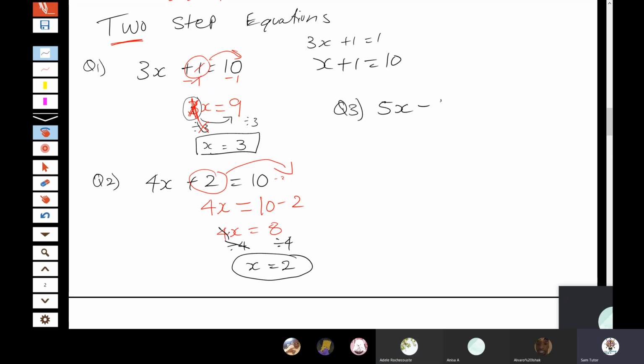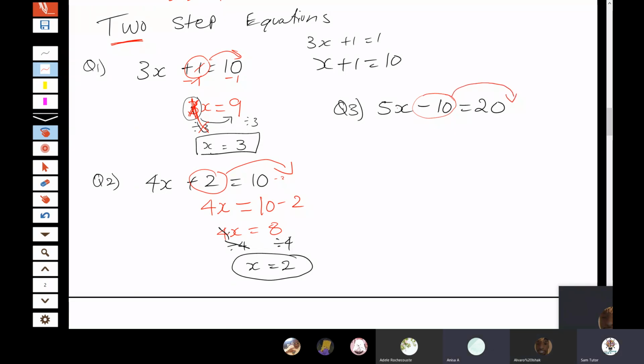5x take away 10 equals 20. Alvaro, tell me your first step. Alright, so first you want to balance the thing. So you would do minus 10. What happens? Oh, plus 10, okay. So what happens?